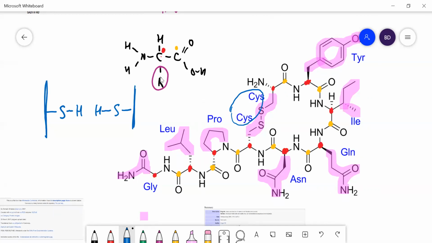What happens is you get oxidized, you remove those hydrogens, and you form a covalent bond between the two cysteine residues, between the 2 sulfur atoms, and that holds the protein in a different shape. That's called the disulfide bridge. And that's very common. A lot of proteins have disulfide bridges in them. Okay, so we'll leave that there.